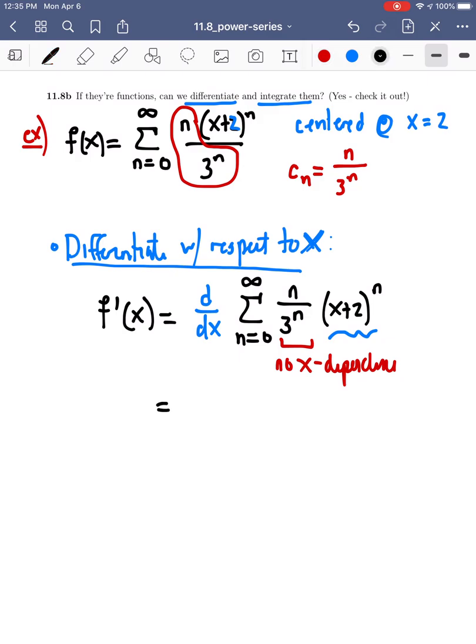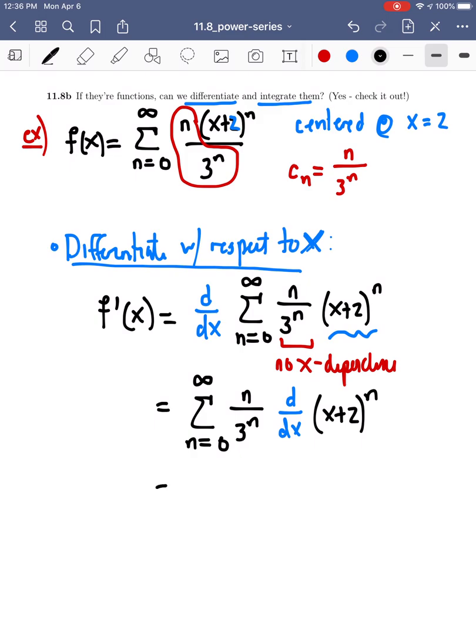And in particular, the derivative itself is a linear operator, which means if we're differentiating a sum of functions, we would differentiate each function individually and add them together. So in this case, our derivative is going to bypass the summation sign, that n over 3 to the n, and the only thing it's going to affect is that quantity x plus 2 raised to the nth power. Because again, that is where all of the x dependence is within this power series.